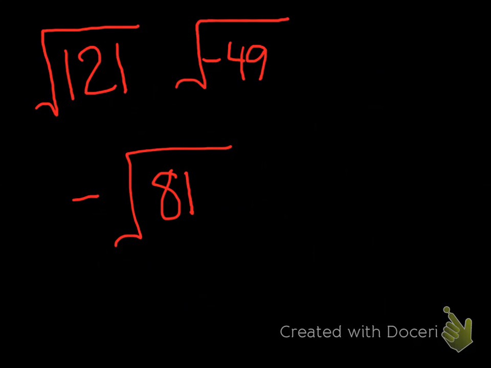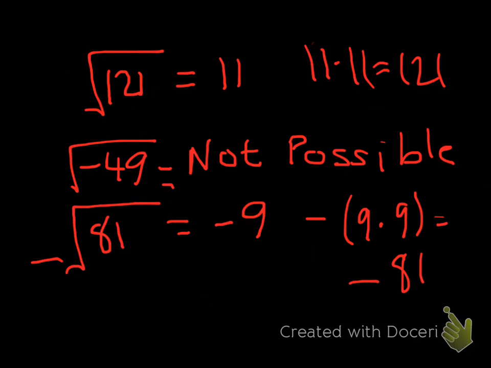So here are 3 problems: the square root of 121, the square root of negative 49, and the negative square root of 81. The answers to these problems are right here. The square root of 121 is equal to 11 because 11 times 11 gives you 121.